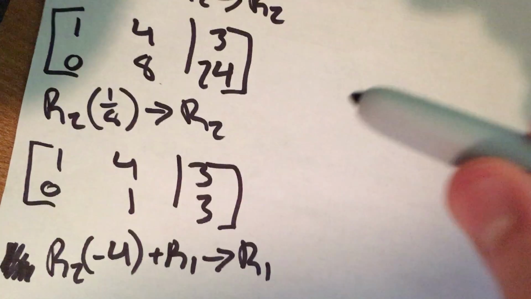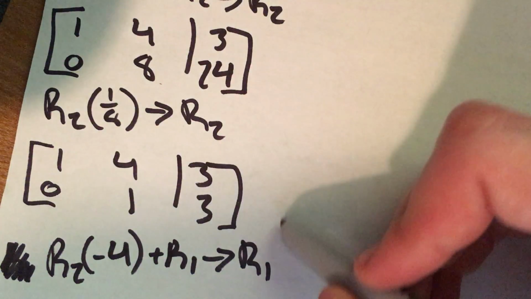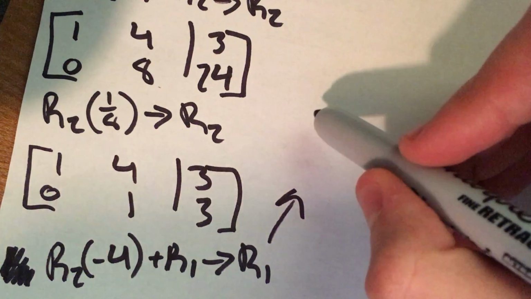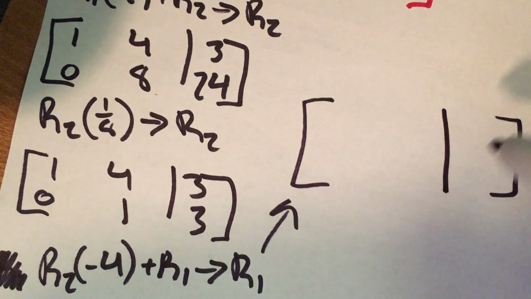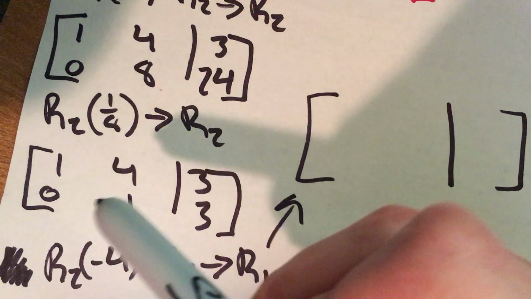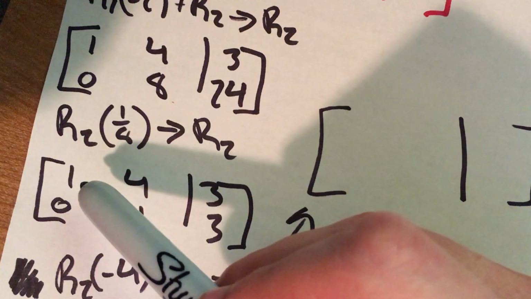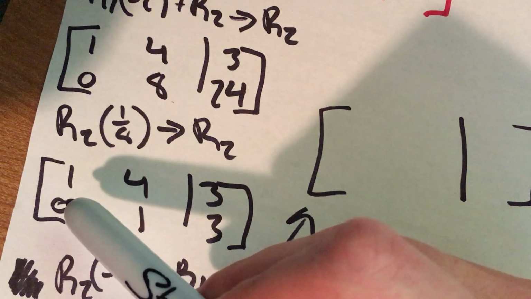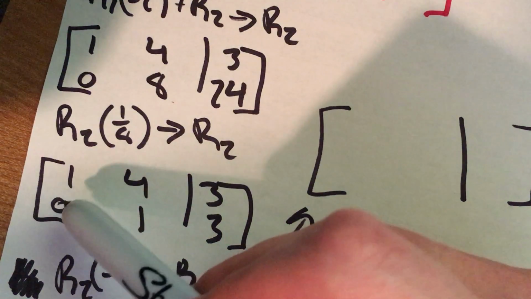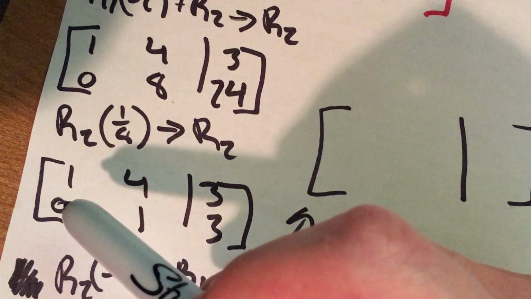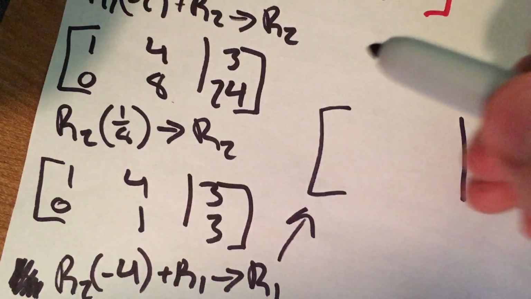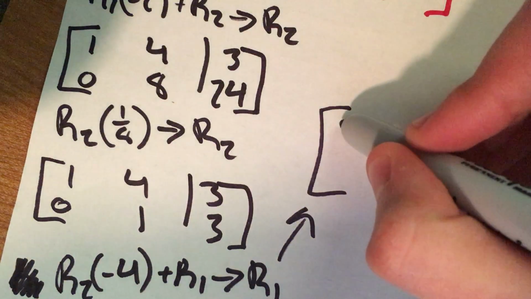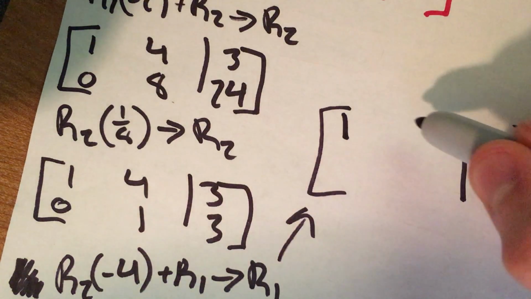So we will write it here. We're going to take row 2 times negative 4. So 0 times negative 4 is 0. Add it to row 1. Row 1 stays 1 in that spot.